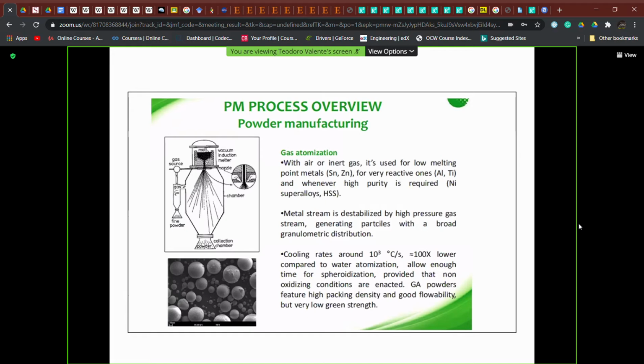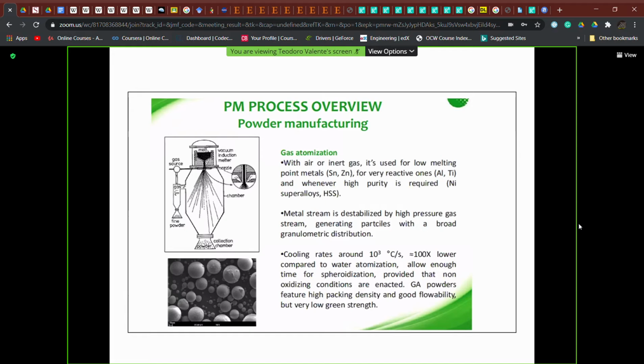So spheroidization is possible. And this shape, in terms of spheres, even though it can represent some small drawbacks when we look to densification for the green body formation, leads the powders to flow best inside any dies.